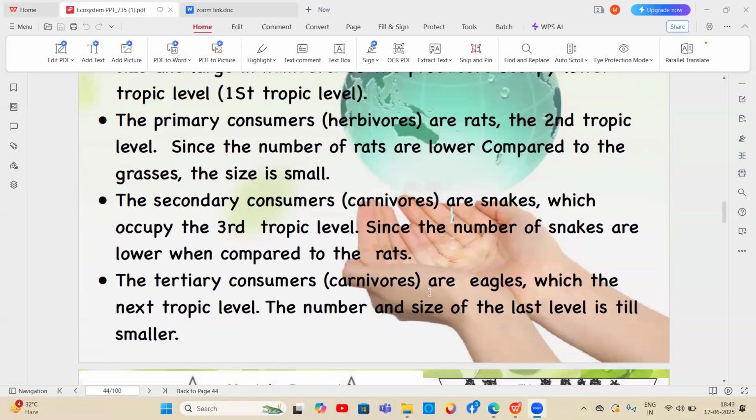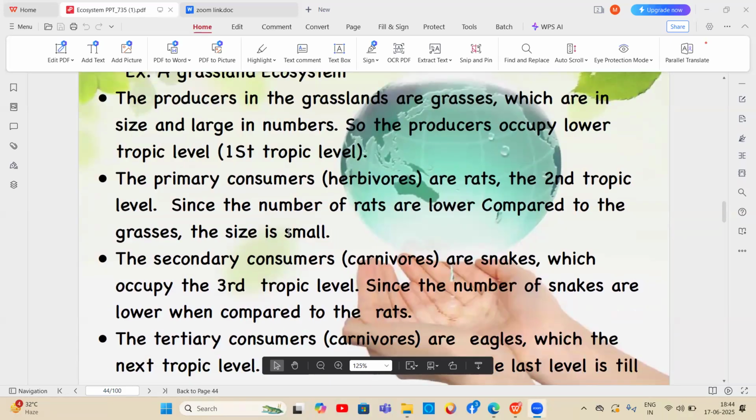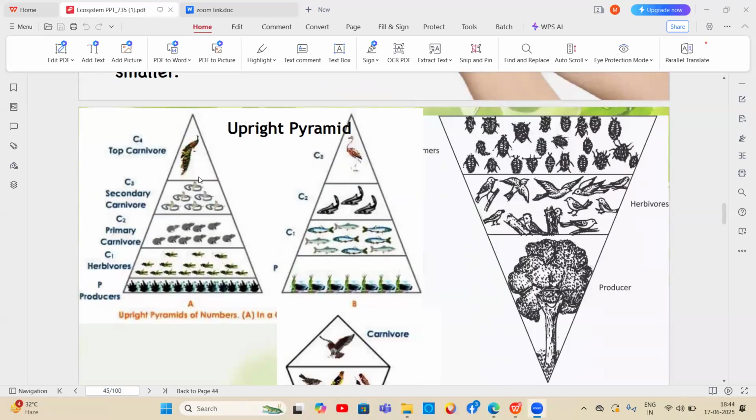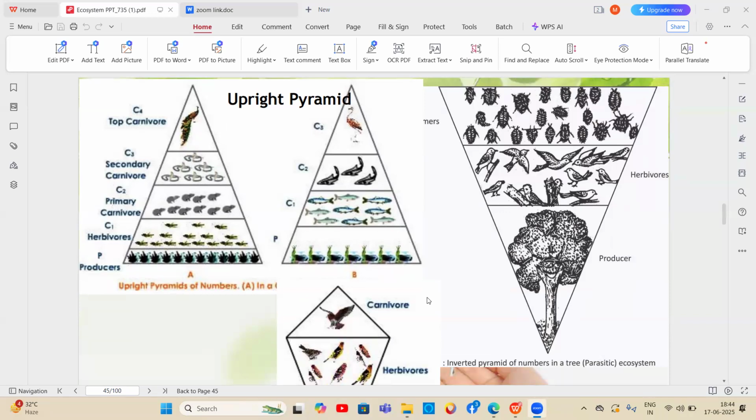The tertiary consumers, the carnivores, for example eagles, occupy the next trophic level, and their number and size are still smaller. So in the grassland ecosystem, the pyramid of number is upright: more producers than herbivores, more herbivores than primary carnivores, and more primary carnivores than secondary carnivores. These are the upright pyramids.